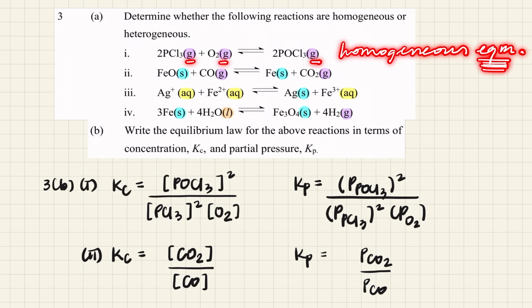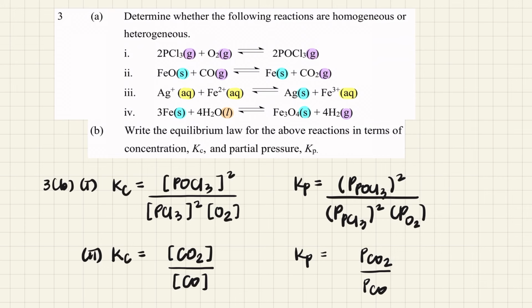Spell it in full. So this is just a shortcut for me. And then second one is heterogeneous, because you have solid and gas phases, different phases. And then number 3 is also heterogeneous, right? Heterogeneous equilibrium, and this one will be heterogeneous as well.